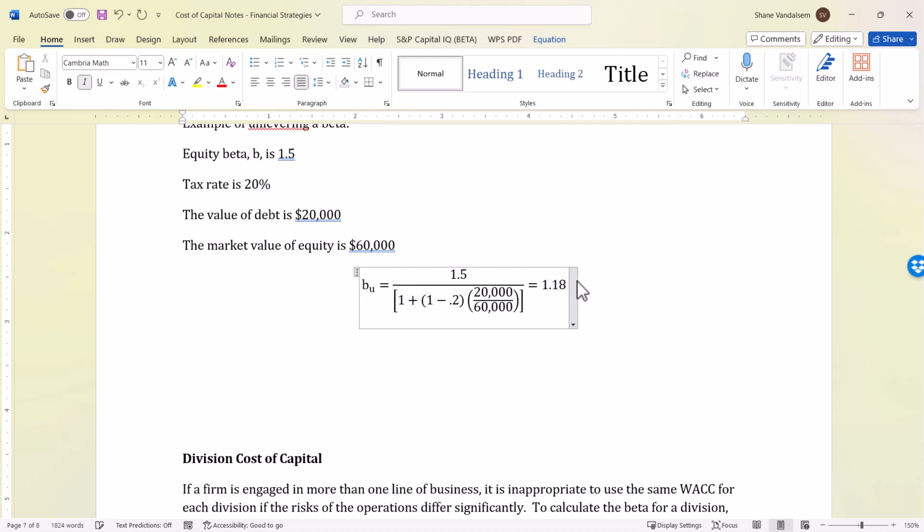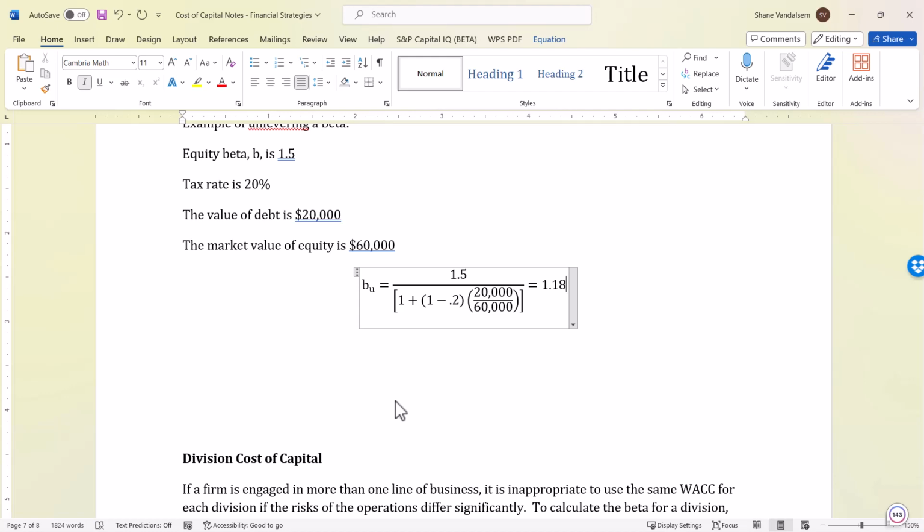And I want you to note that that is less than the equity beta. The reason for this is because we have debt in our capital structure, and that debt increases the sensitivity of the firm's returns to a change in interest rates or a market risk like that. And so we would expect the equity beta to be greater than the unlevered or the asset beta, which is what we have here.